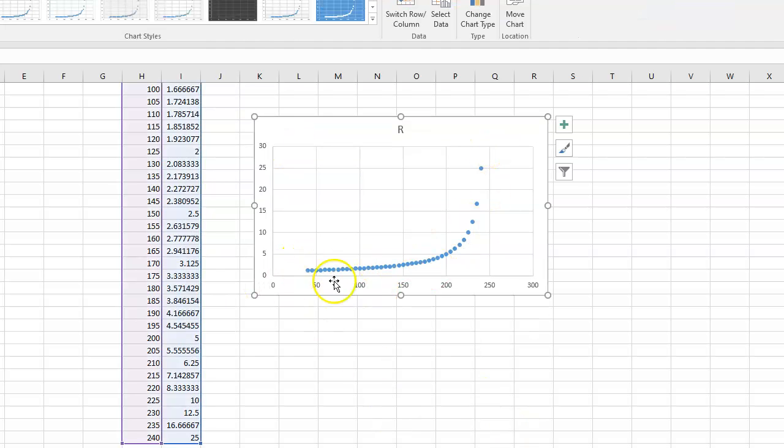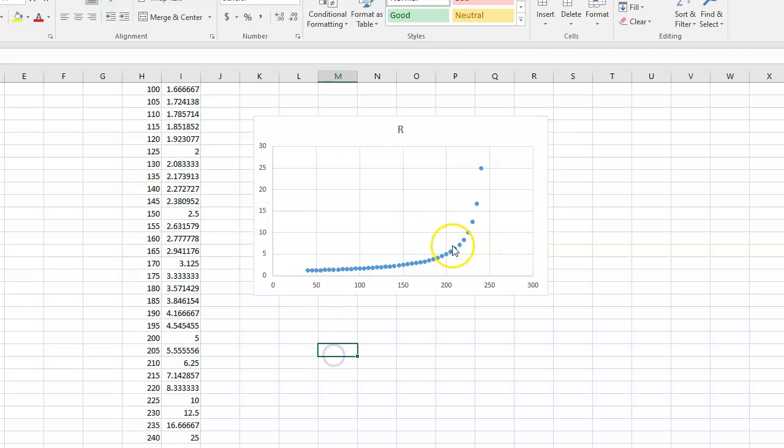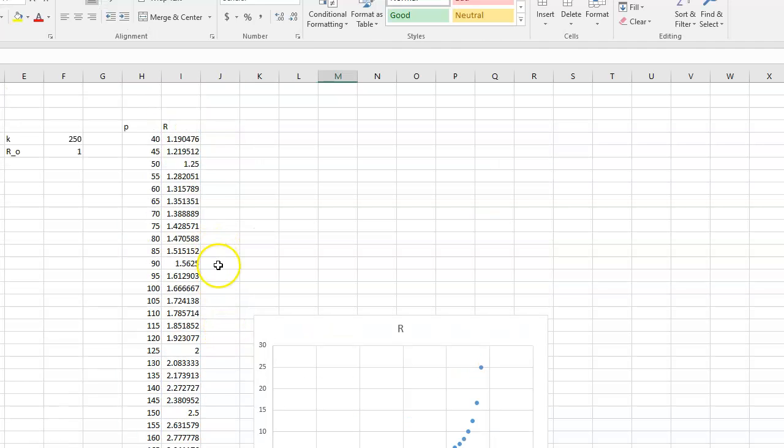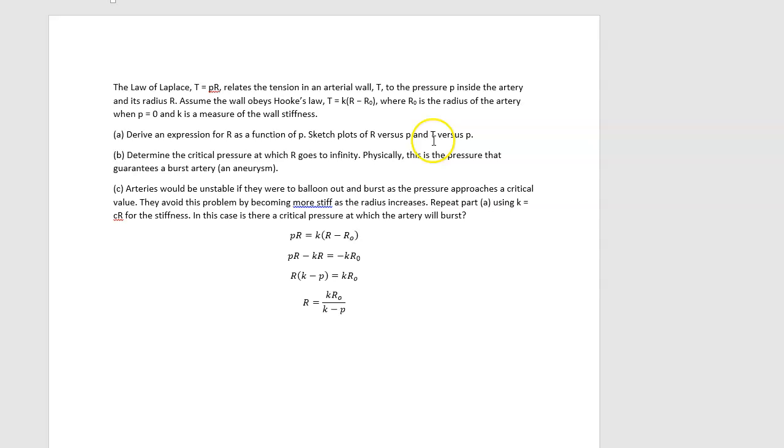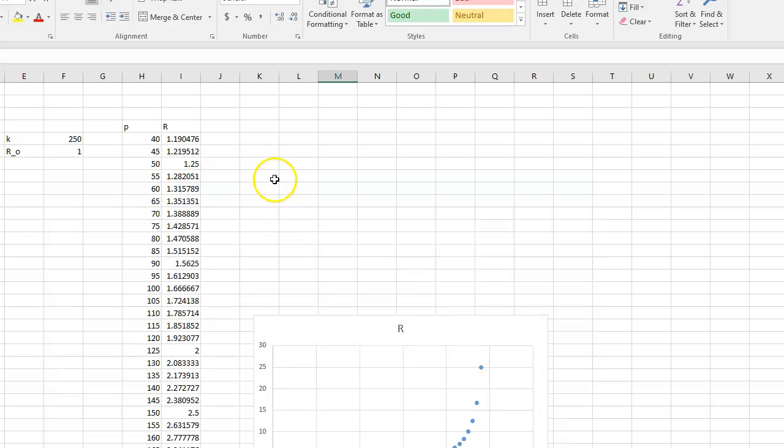And so that's not pretty, right? And now they also said let's plot T versus P. Well, if we know P and R, we know T, right? So let's go over here and put in T. T is just the product.